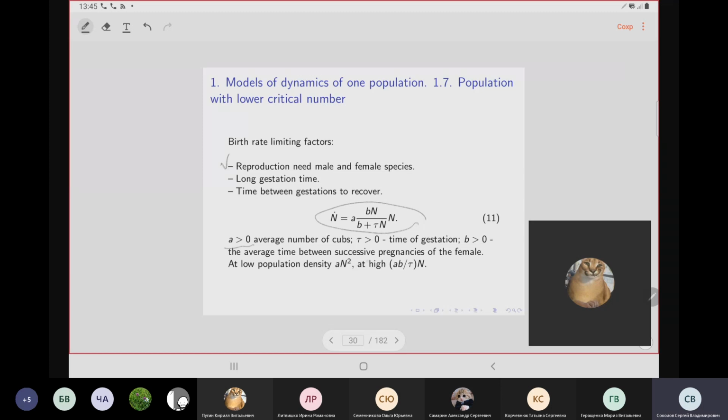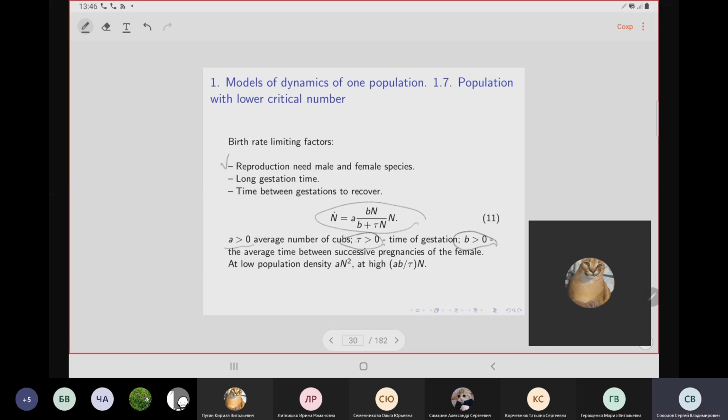Next, tau is the time of gestation. And b is the average time between successive pregnancies. So b must be greater than tau, because it is the gestation time plus some time for recovering.